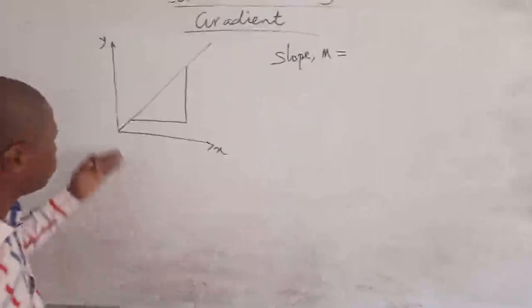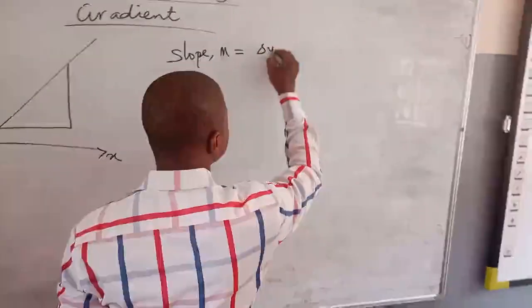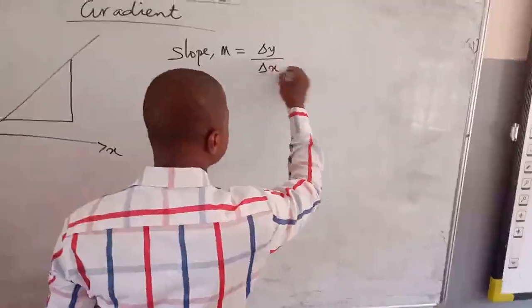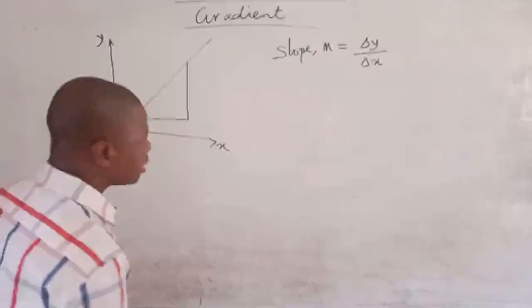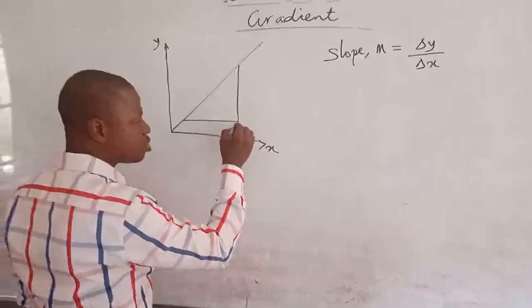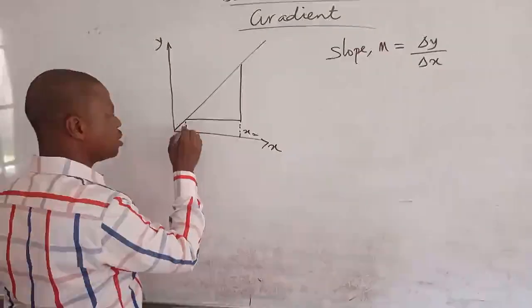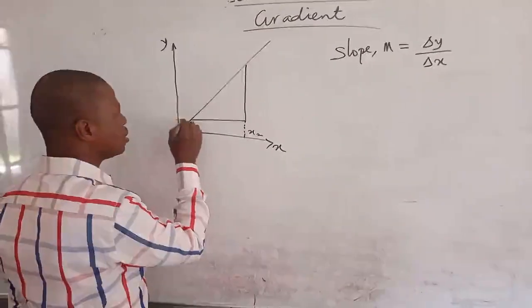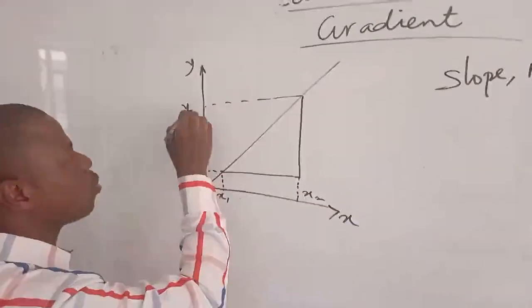Now, what do we call slope on a straight line graph? It is change in y-axis over change in x-axis, or increase in y-axis over increase in x-axis. So, tracing this downward will give us x2, and tracing this downward is x1, then tracing this here is y1, tracing this here is y2.